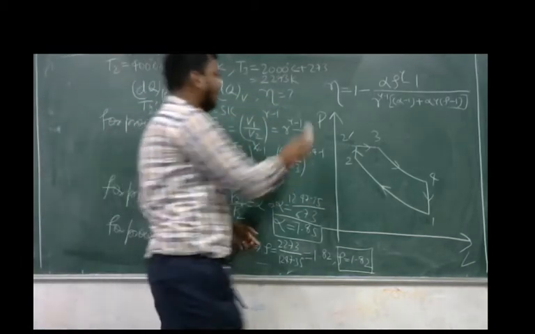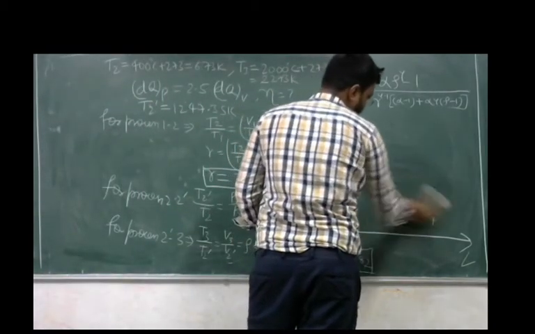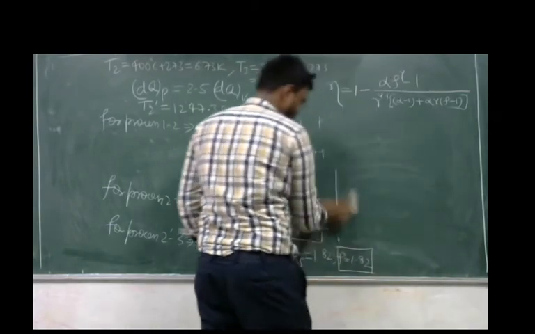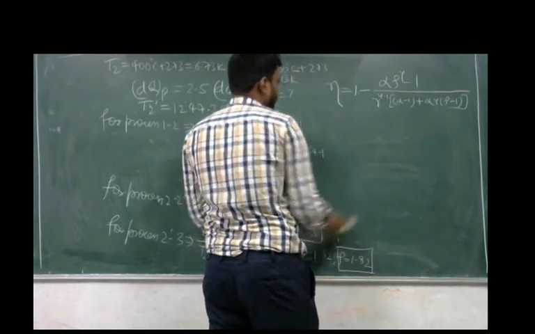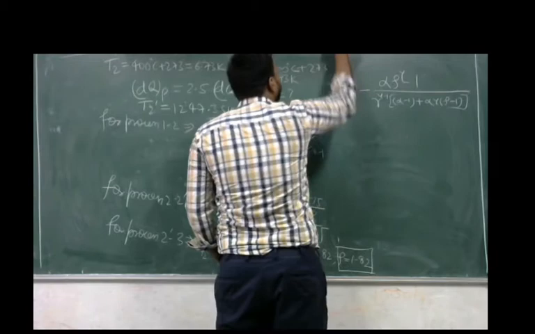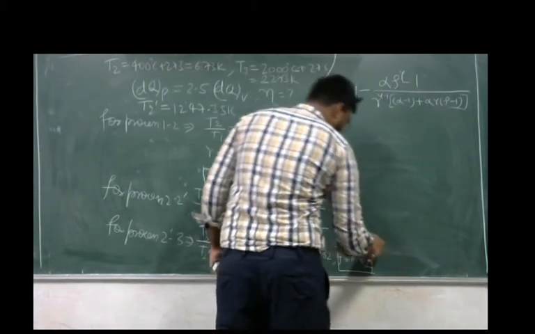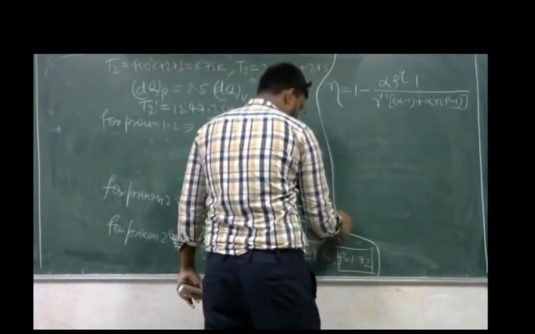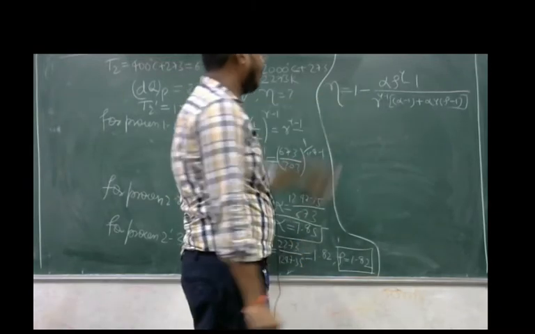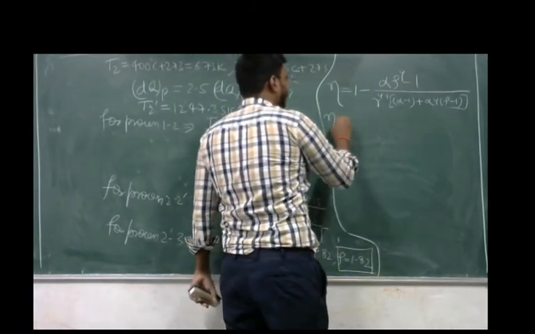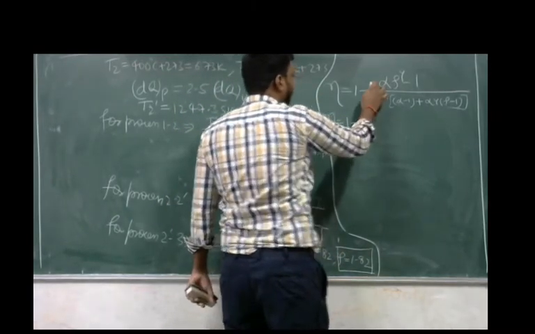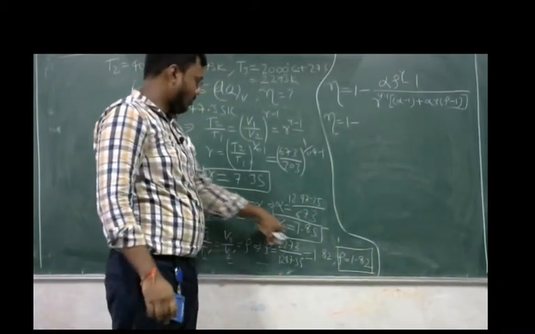Okay. So I am writing the formula here. Now put all the values in this formula of efficiency. So eta will come equal to 1 minus alpha. What is the value of alpha? Alpha equal to 1.85.